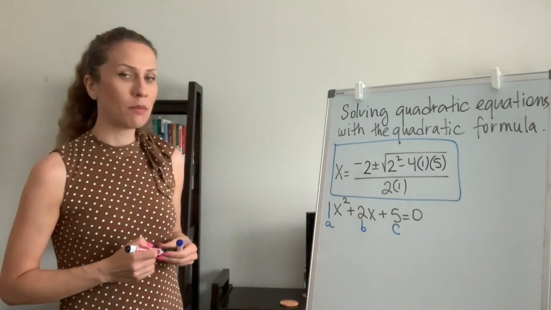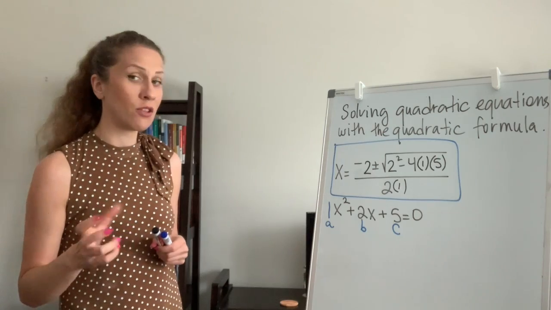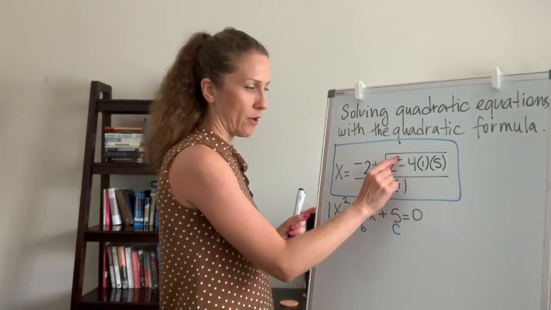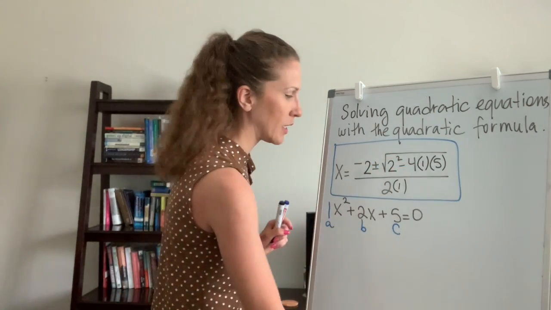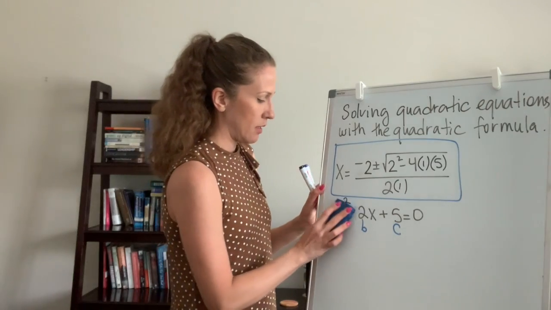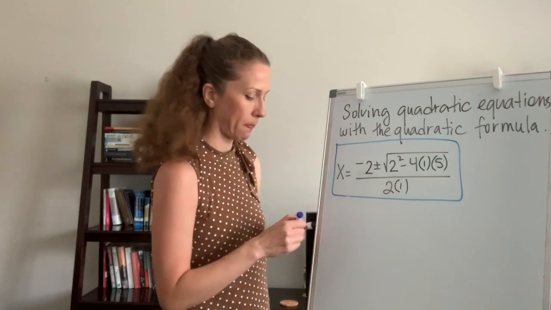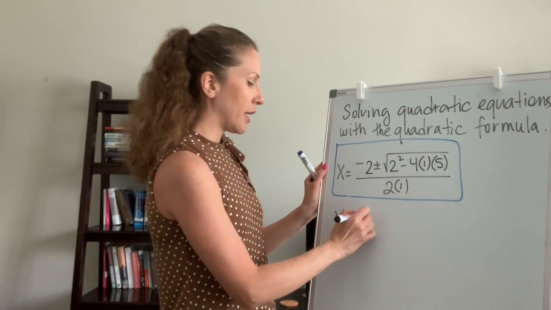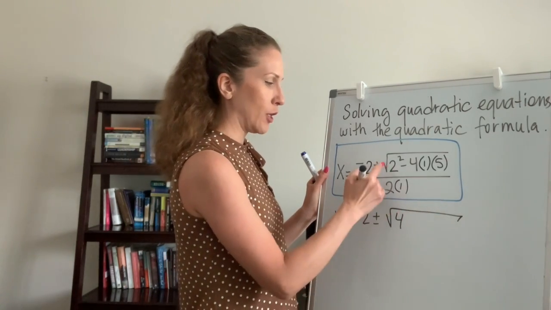Well, let's now simplify. So I'm going to start simplifying this from under the radical. Specifically, I will first do the 2 squared, and then 4 times 1 times 5. So we'll first take care of that. So x equals negative 2 plus or minus the square root of 4, right? 2 squared is 4.